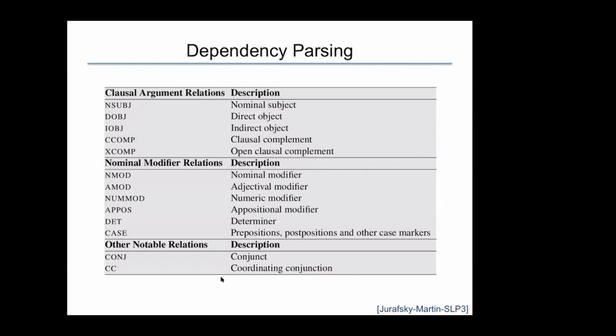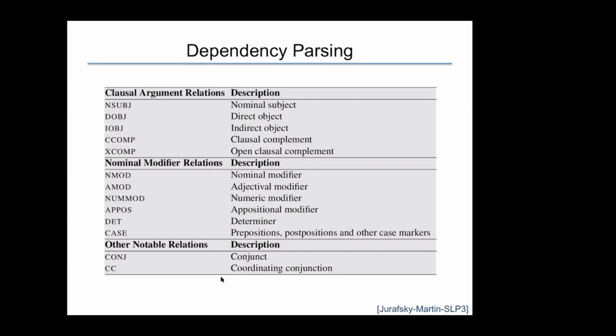These argument relations can be different depending on who the linguist or the creator is. Of course, there are things that all linguists agree on, for instance subject, object, these things. But if you get into more detail, then different linguists have different definitions.